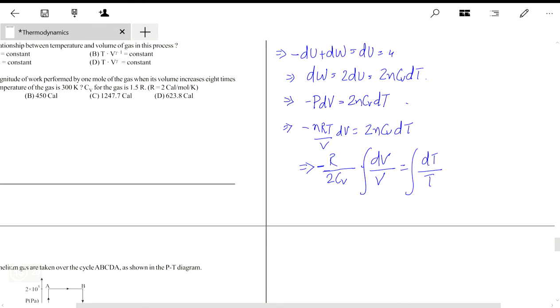Integrate this from the volume, let's say V1 to V2, and the corresponding temperature limits on the other side T1 to T2. This should give you the equation between T and V.